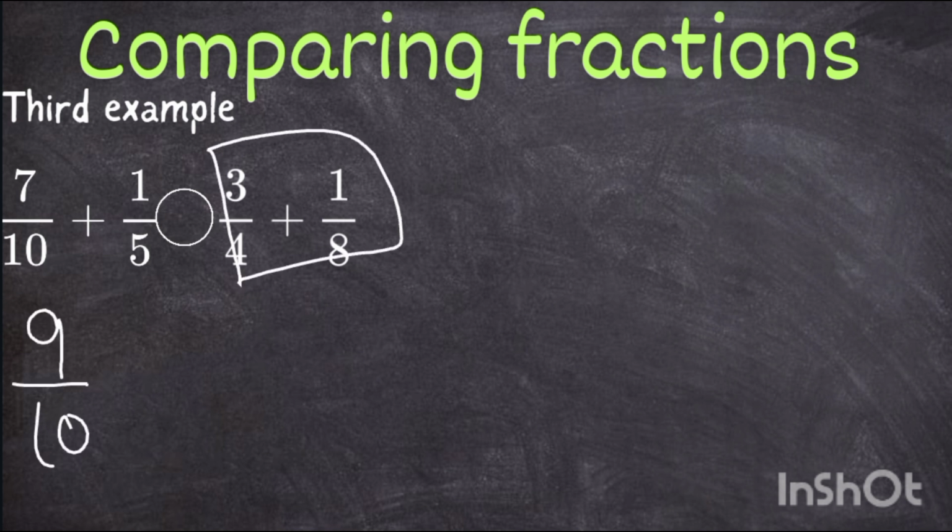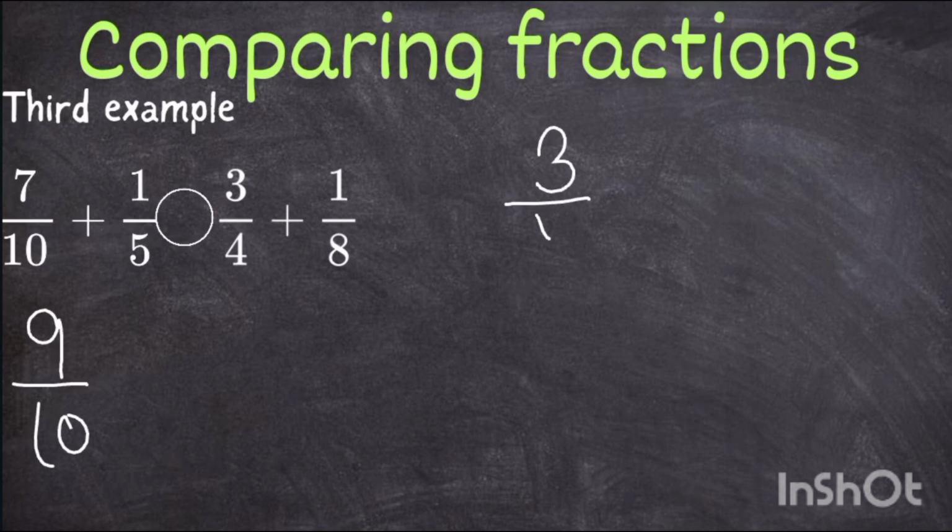Now let's simplify our second fraction, which is 3 by 4 plus 1 by 8. Since we have different denominators, we need to find the common denominator. For that, we need the LCM. The LCM of 4 and 8 is 8. So we are going to convert this fraction to the denominator of 8.